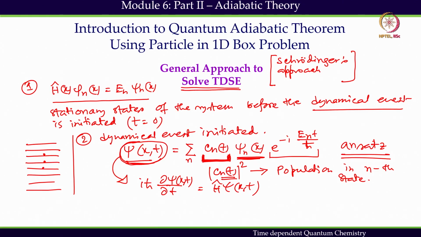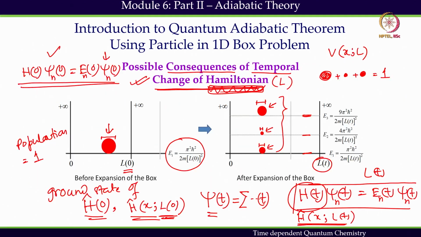Now, this is the very general approach to solve any dynamical problem with the help of the TDSE. The same thing is happening here also. We started with the ground state at t equals 0, and it evolved up to time t, and due to this evolution, I may have population in different states.